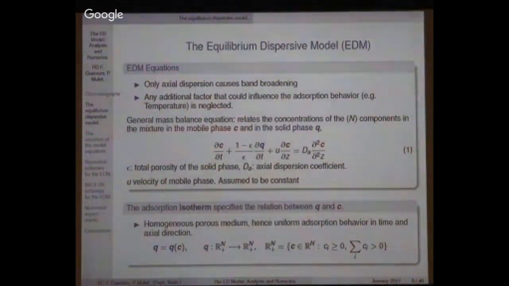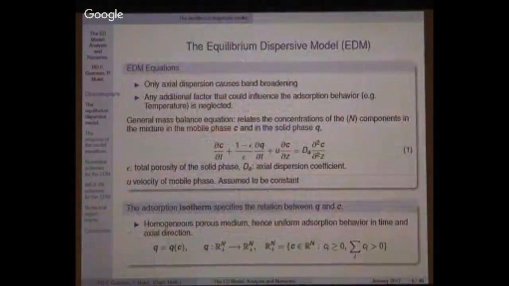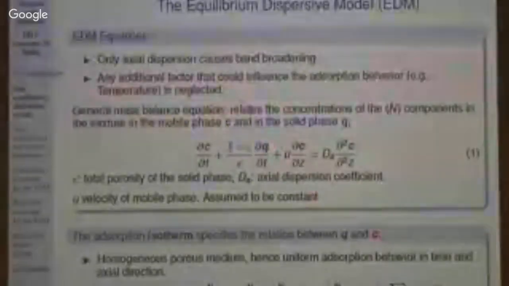So this is the only mechanism that causes band broadening in the mixture, and you neglect any additional factor that could influence the behavior with respect to absorption, and you consider the general mass balance equation. Then you relate the variation of the concentration on the mobile phase and the solid phase.